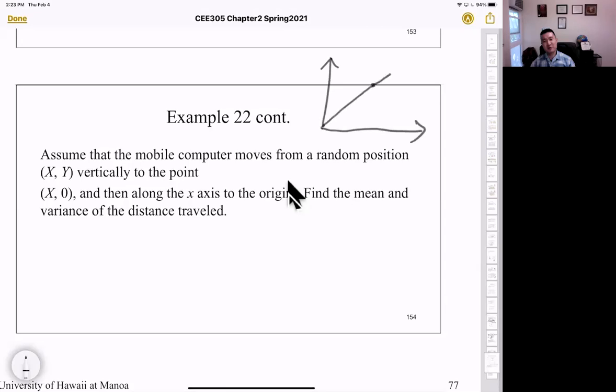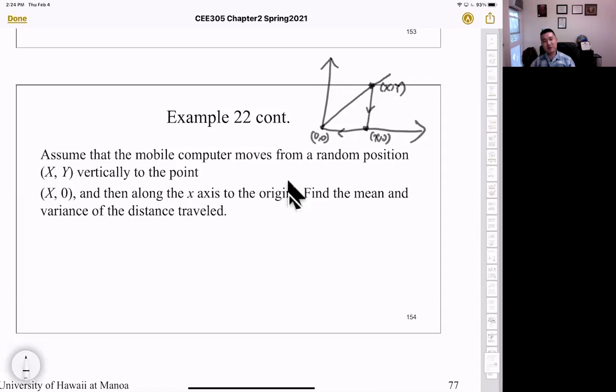So from a point, this is x, y, vertically to the point of x0. This is x0. And then along the x axis to the origin. So from this point here, it goes back to 0, 0, the origin.